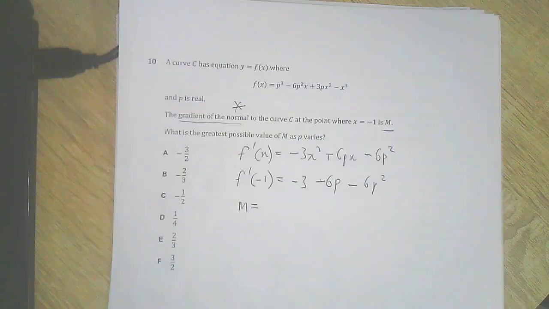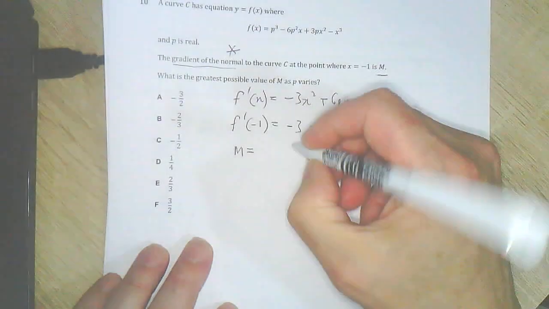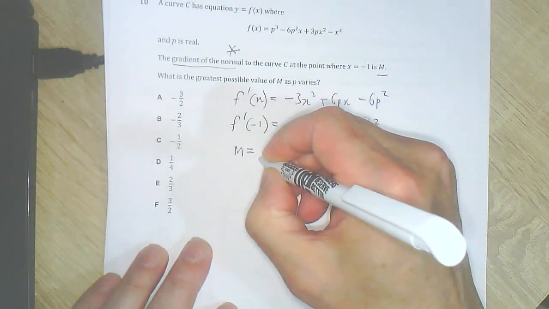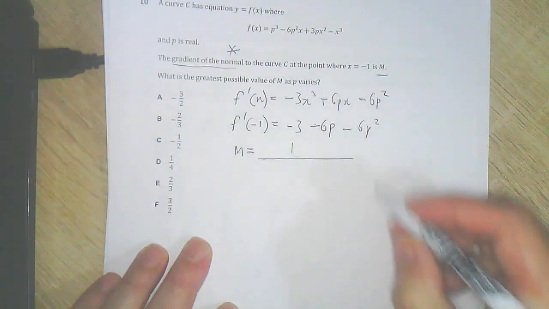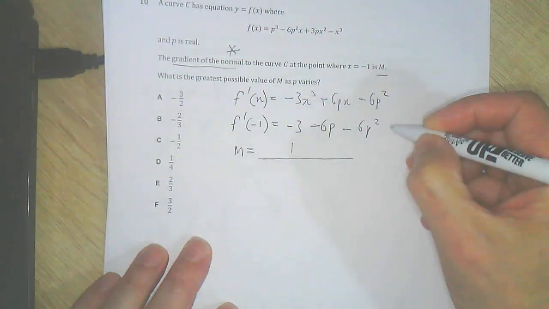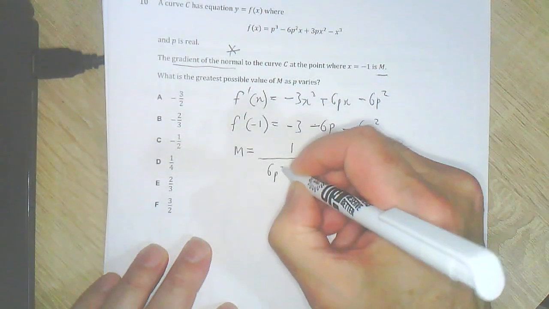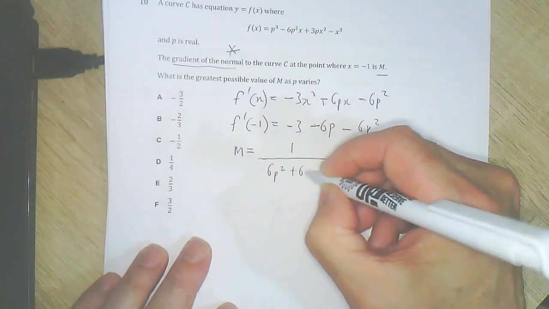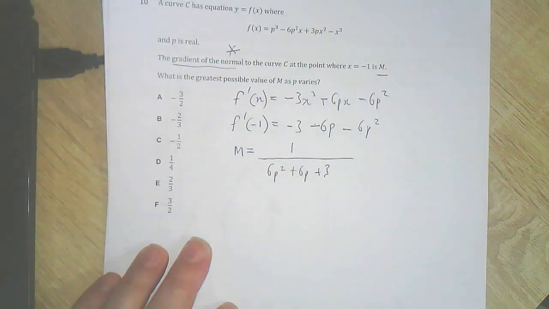We want the normal, so it's the negative reciprocal, so we can rewrite it as this: 6p squared plus 6p plus 3. And we want this to be as big as possible.